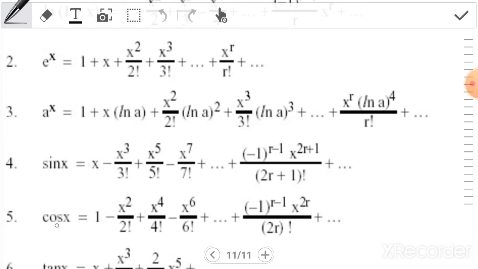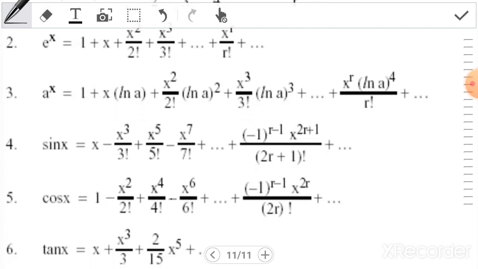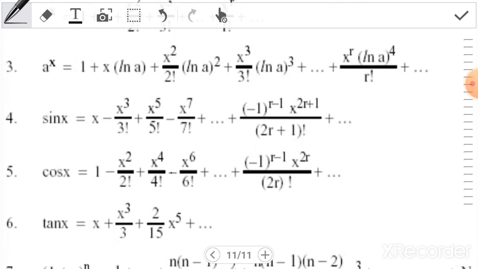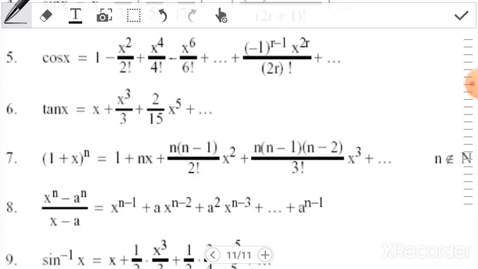And similarly cos x is an even function, so powers are also even, x to the 0, x square, x to the 4, x to the 6, and the coefficients 2, 4, 6 are also even, and plus minus will alternate. So this way you can remember, right?